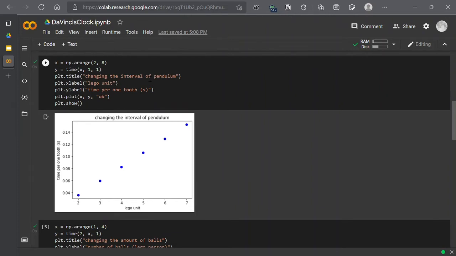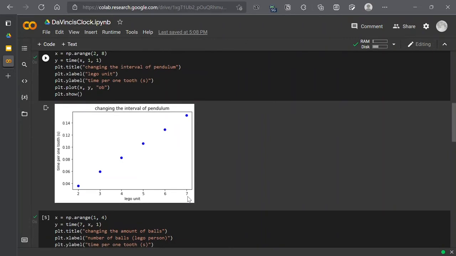So we set the number of end balls and the number of hanging weights to 1. And in the graph, we can see that as we increase the length of the pendulum, the time will increase.